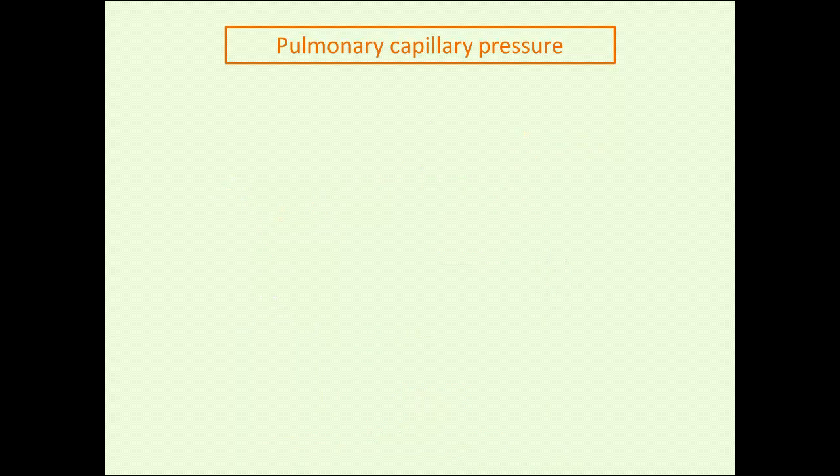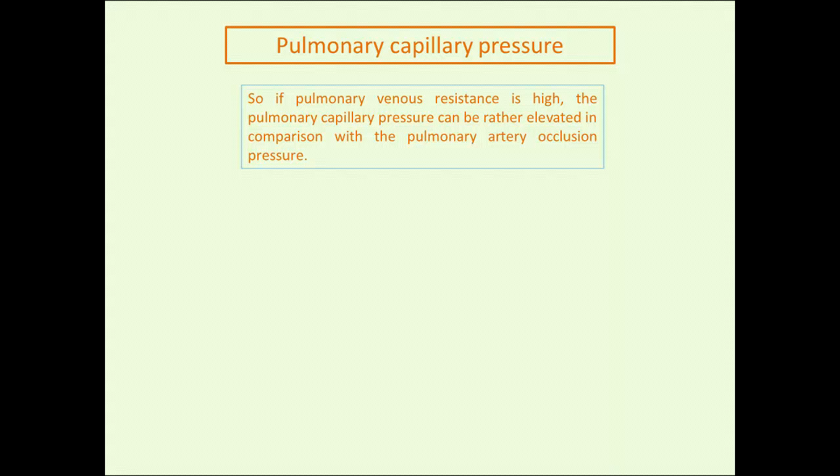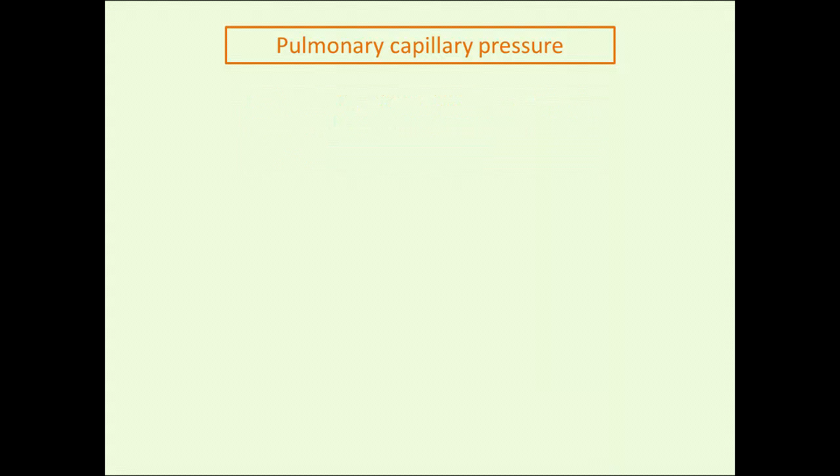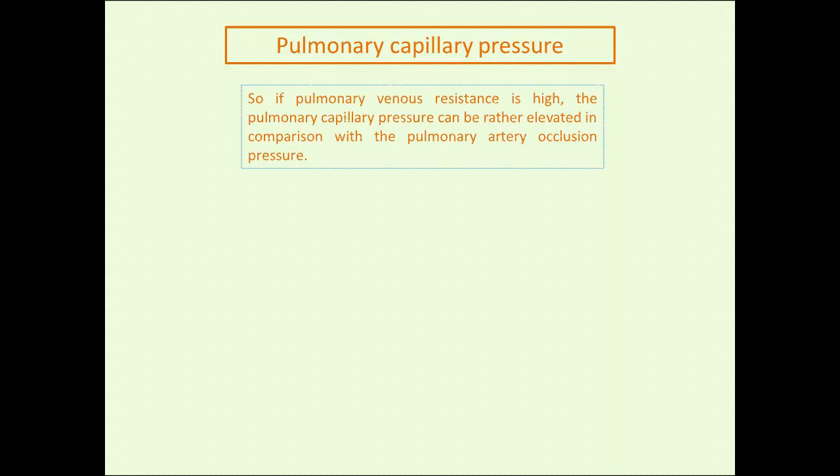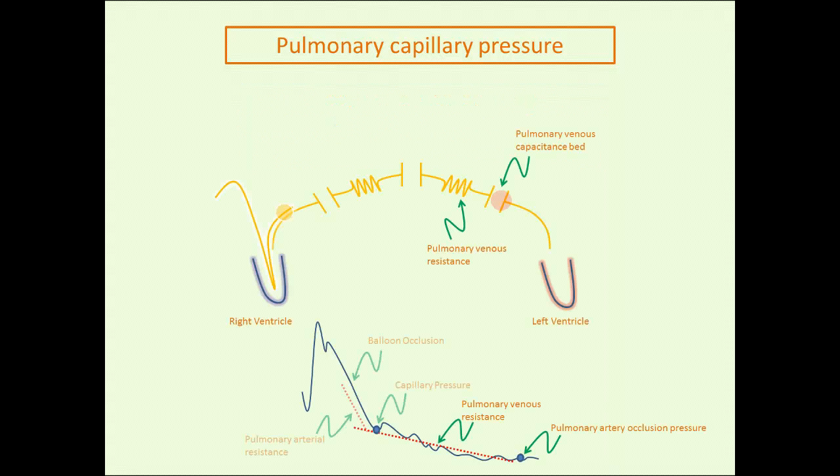Okay? But imagine if that pulmonary venous resistance is high. Imagine this is a high resistor, and so instead of 1/3 or 30% or 40% of your total pulmonary vascular resistance, say it's 50%.